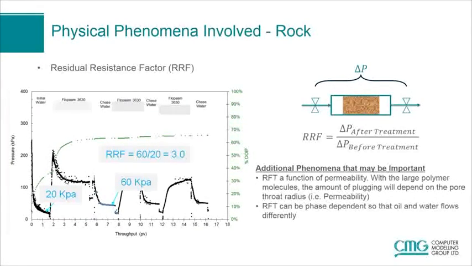A second phenomenon is that RRF can be phase dependent, so that oil and water flow differently, and that will control your breakthrough times, and you can use that for matching your field cases.